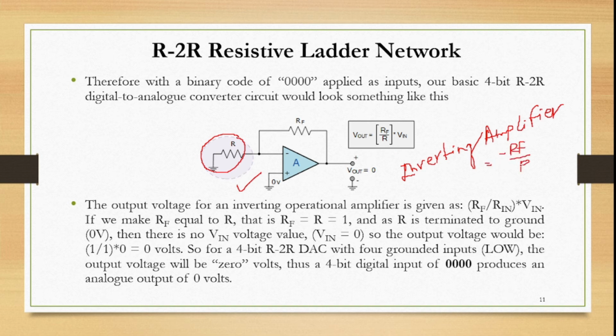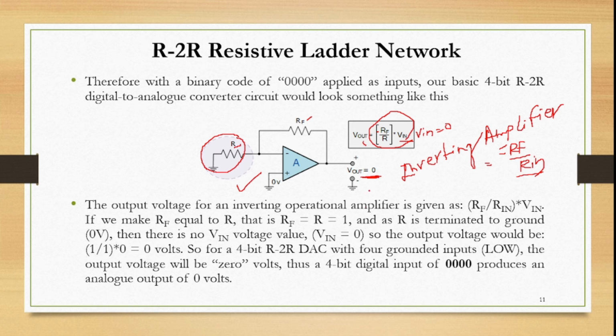Minus RF upon R in. Here R in is R, and this RF is going over here. So it will be RF upon R, with a minus sign. Actually the V in is equal to 0, so 0 multiplied by the gain becomes 0. So V out will be 0.